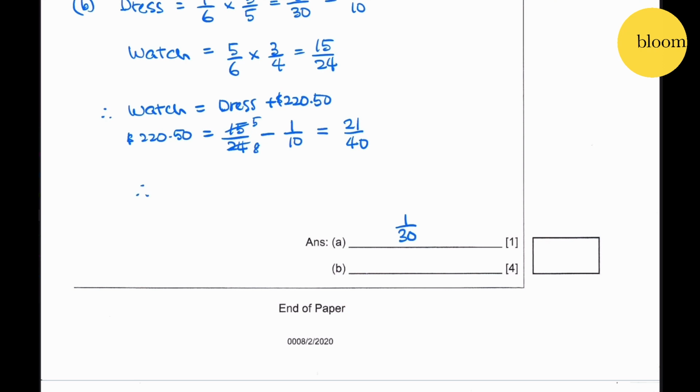Hence, 1 unit equals $220.50 times 40/21, which is $420.